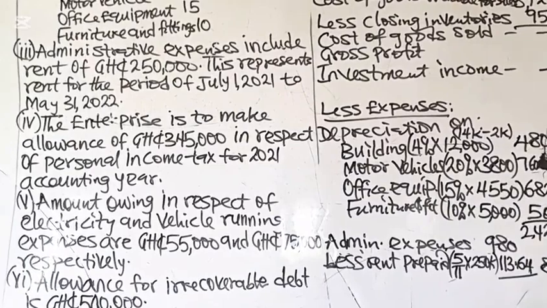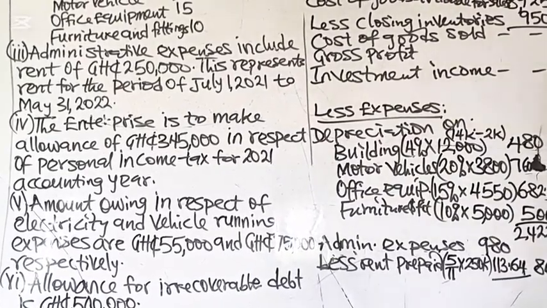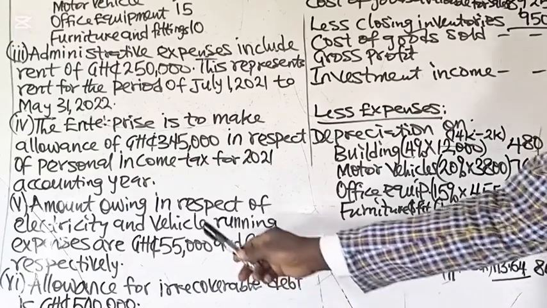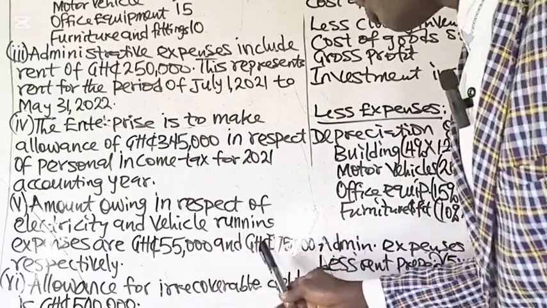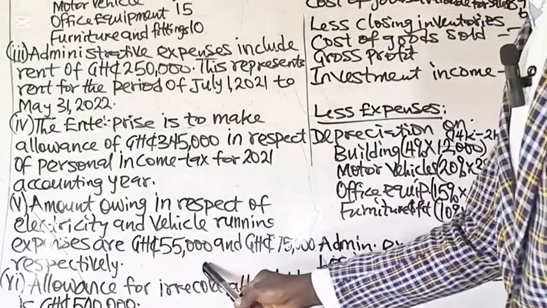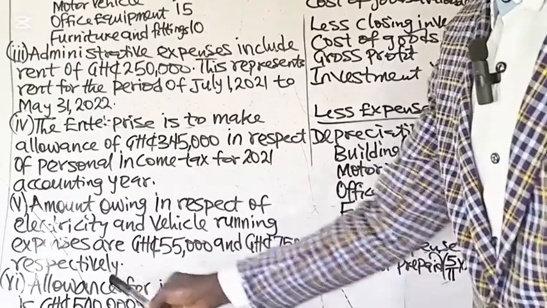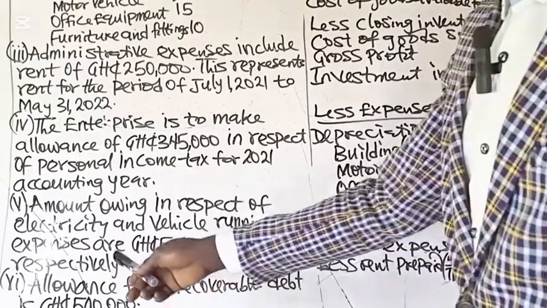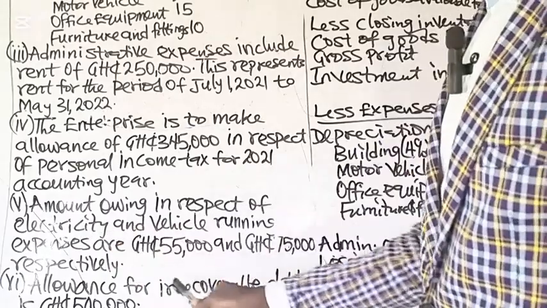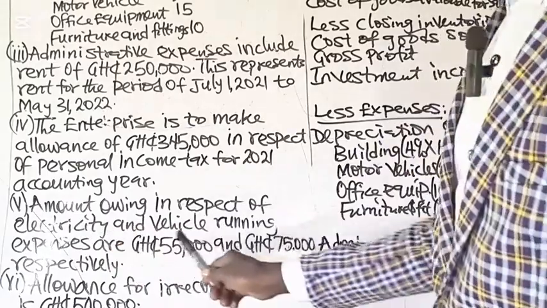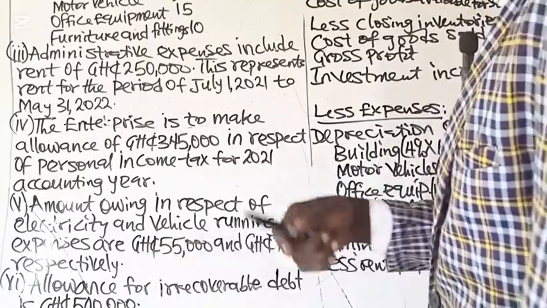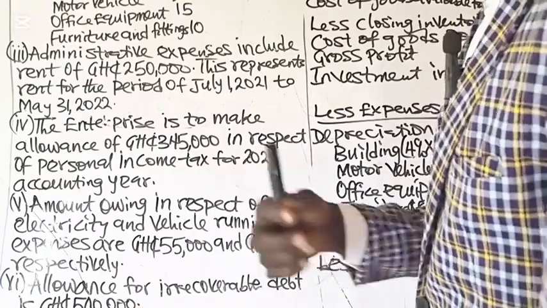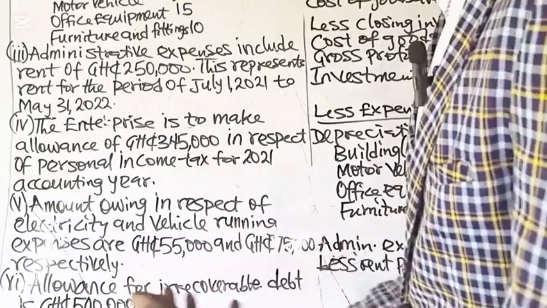Now, note 5, amount owing in respect of electricity and vehicle running expenses are 55,000 and 75,000 respectively. Then this sum will be added to electricity, and this will be added to vehicle running expenses given in the trial balance. Owing, outstanding, accrued expenses or accruals or underpayments are the same.